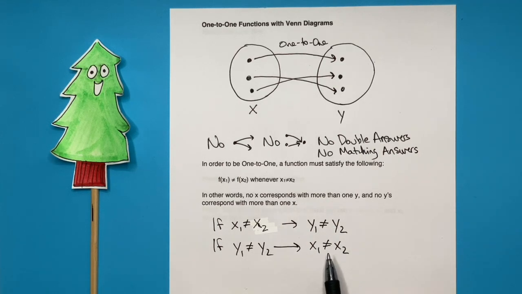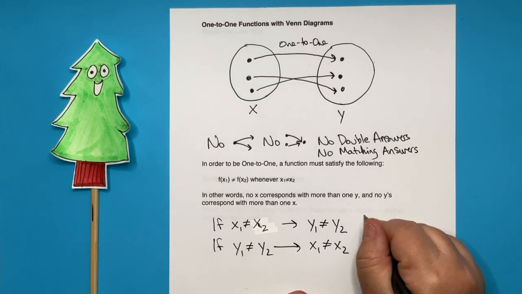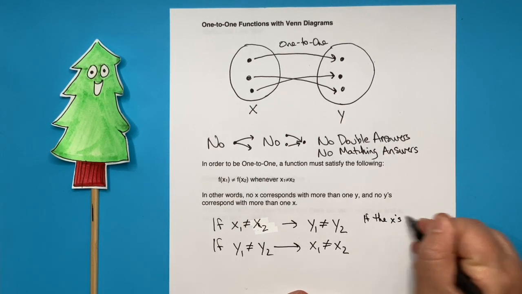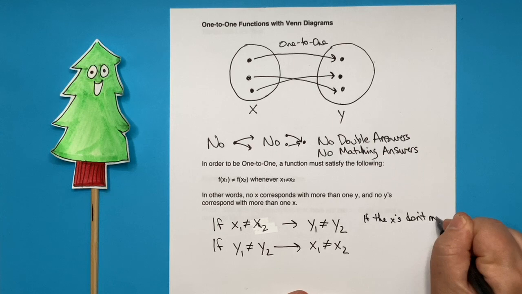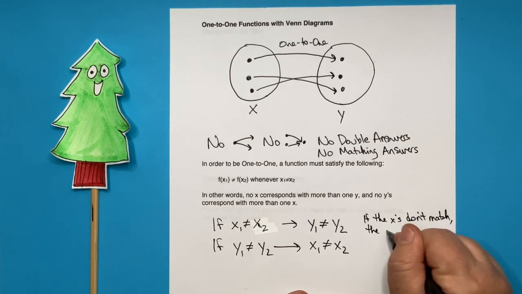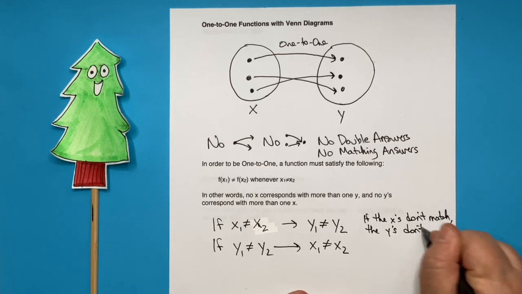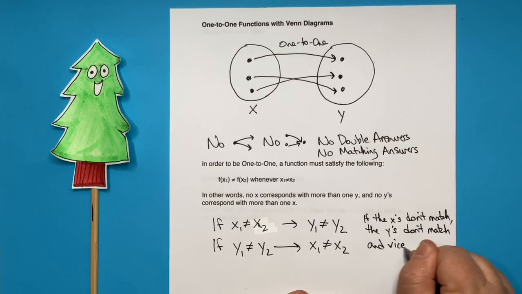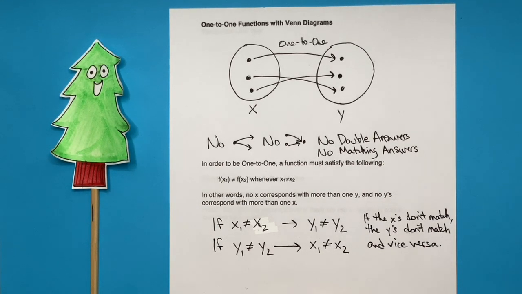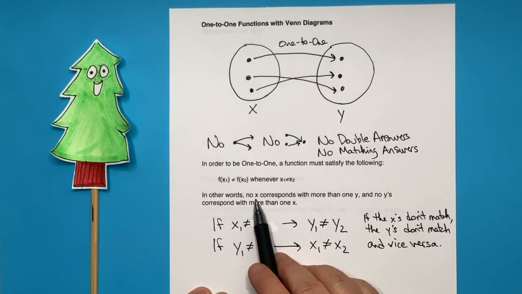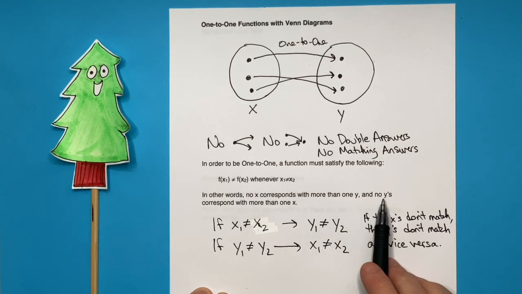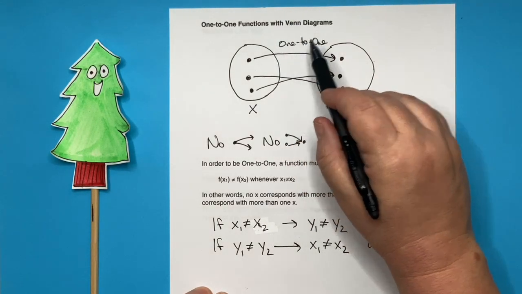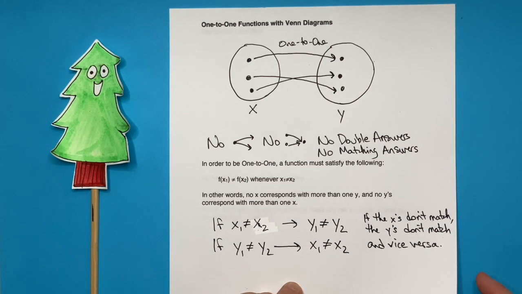If the y's don't match, the x's can't match, and vice versa. Okay? So no x corresponds with more than one y, no y corresponds with more than one x. In other words, it's one-to-one. Okay, woohoo!